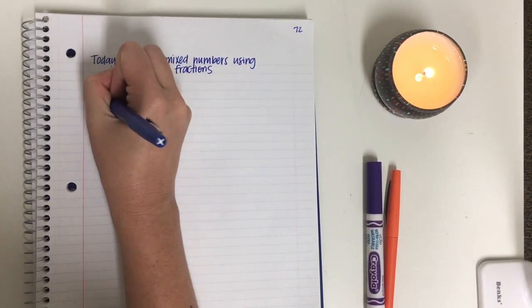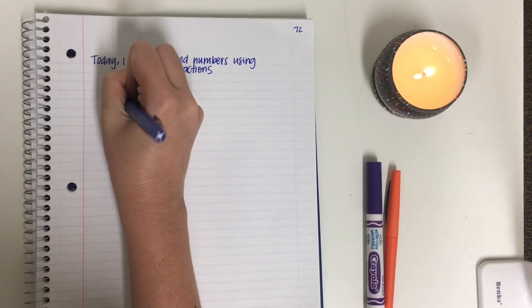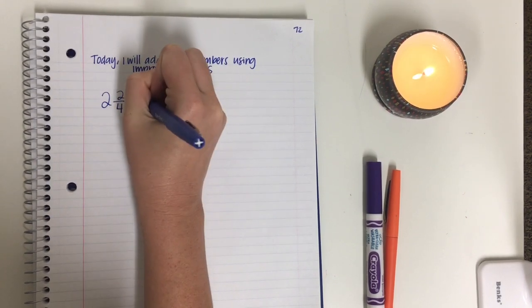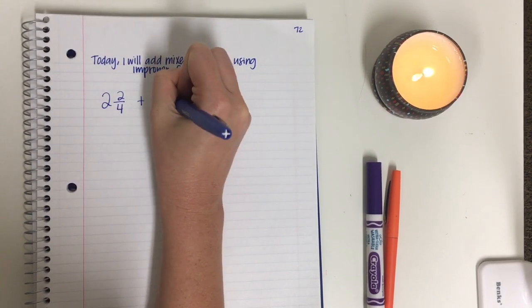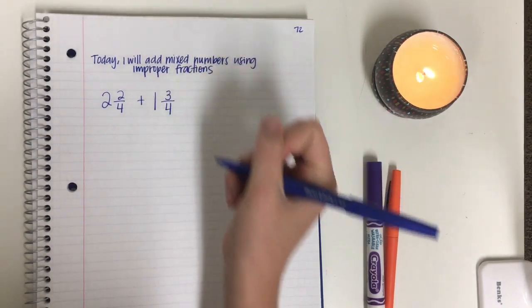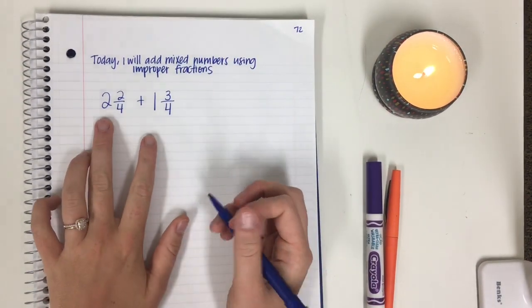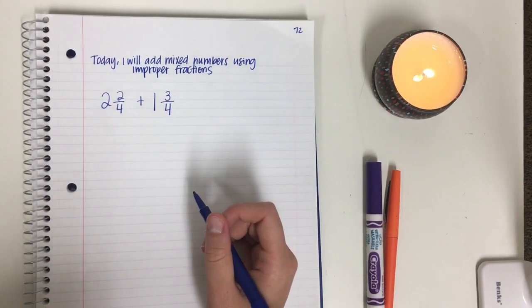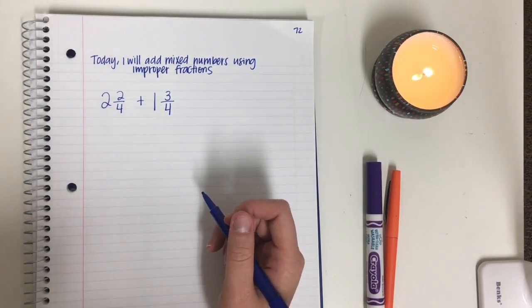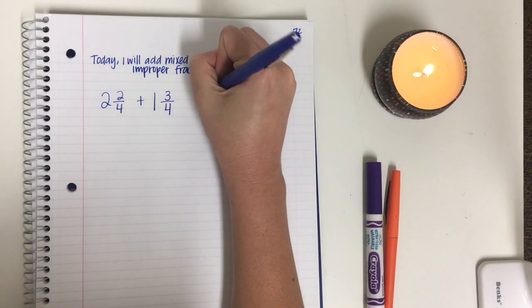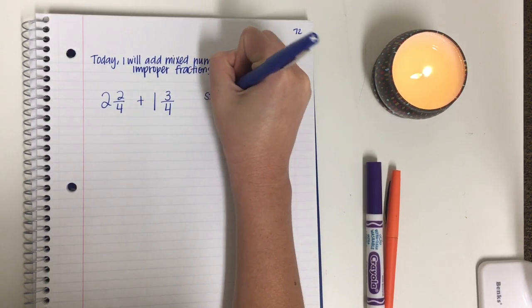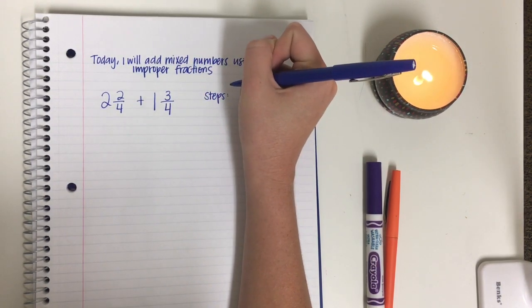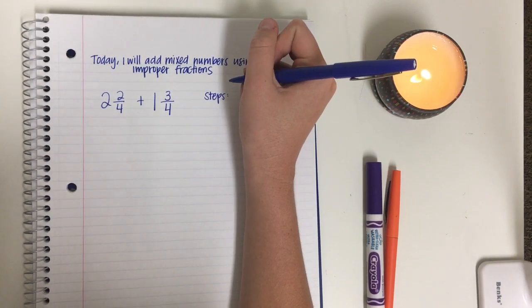Let's say that they want you to add 2 2/4 plus 1 3/4. The first strategy is to use improper fractions. So it's to convert these using the Dorito method into improper fractions, okay? So if you're super comfortable with the Dorito aspect, this might be a good strategy for you to use.